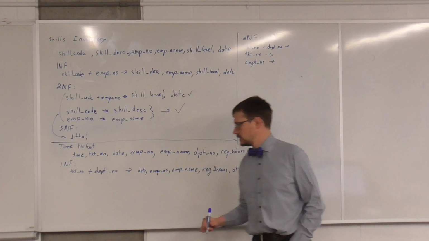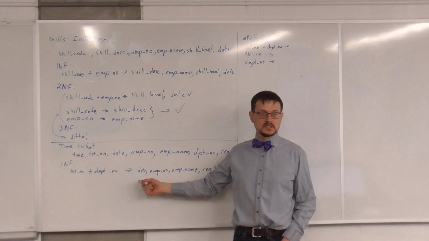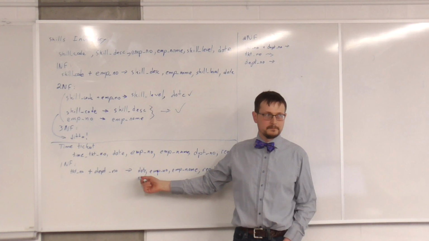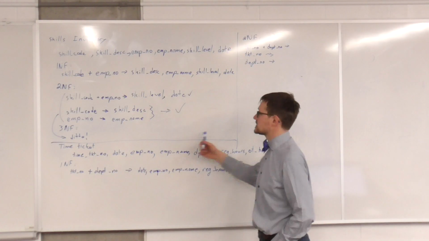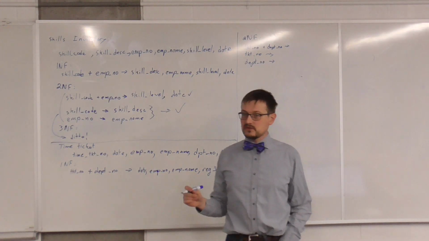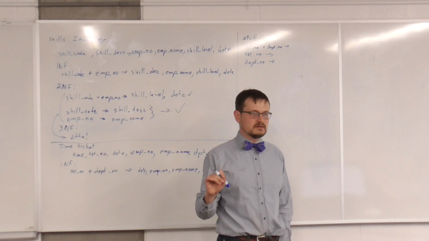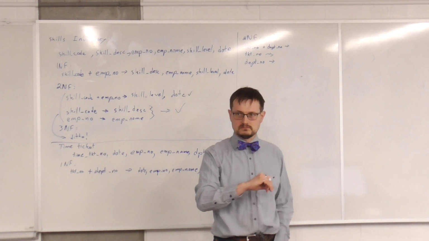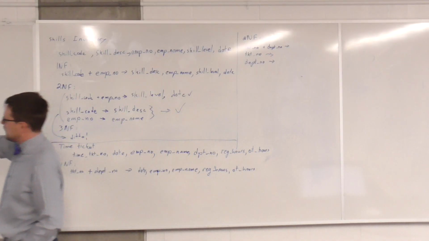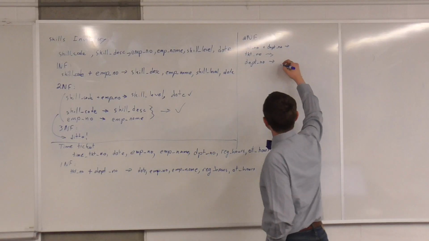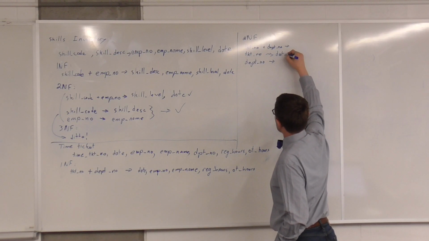So, consider date. Is date dependent on ticket number? Yes, it is. And remember that dependency means it does not vary when the other one doesn't vary. So the date is constant for a constant ticket number, so date applies to ticket number.